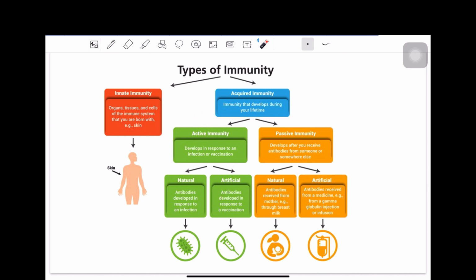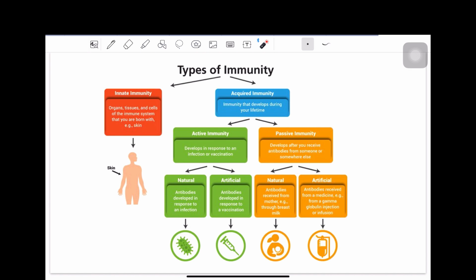As I mentioned, active immunity is the immunity which develops in response to an infection, or it can be vaccination. When the immunity develops in response to a natural infection, that is called natural active immunity. Suppose there is a pathogen that attacks the human body, it can enter the human body and cause an infection, and the body will generate an immune response against this pathogen.